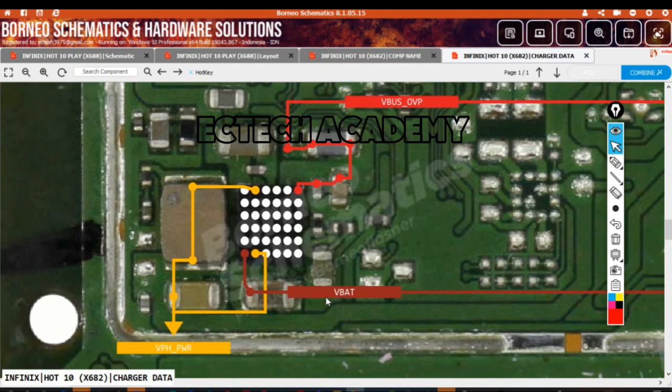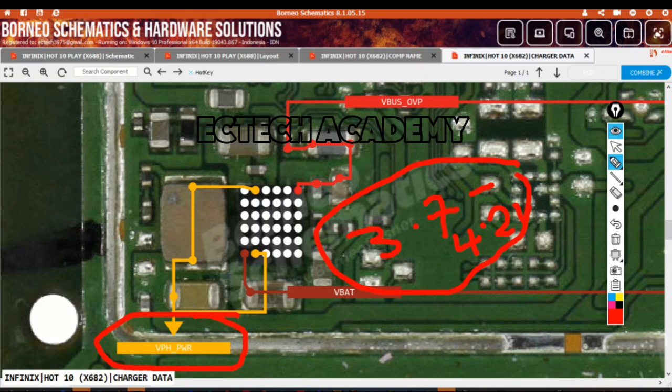In vbat you're supposed to have from 3.7 volts to 4.2 volts, and mind you, that's the voltage required to charge the battery and go to other sections, and this is the particular voltage you are going to see in VPH power.